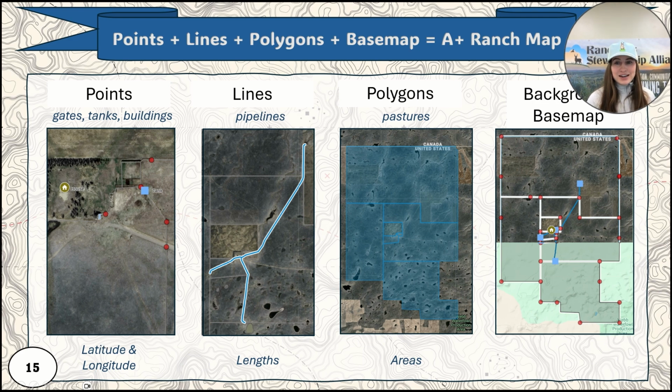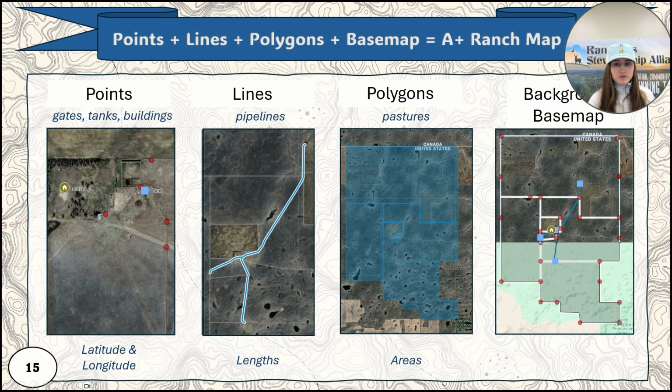So lines, on the other hand, can be great for representing linear features such as roads, streams, pipelines, boundaries, and fences. Lines can tell you the length of a feature, and lines can help you answer questions like approximately how many feet of pipeline do I need to water this other side of the pasture here.